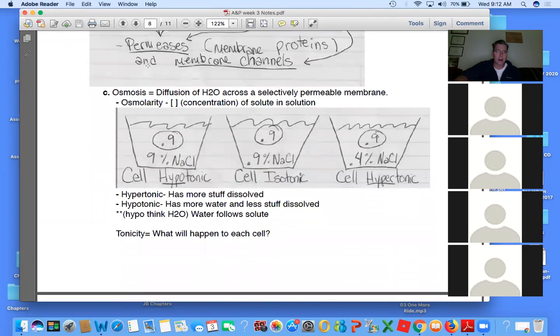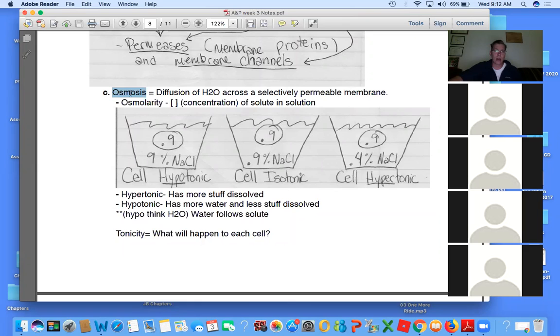The third type of diffusion, of passive transport, is diffusion of water across a selectively permeable membrane. That is known as osmosis. When it's just regular diffusion of any chemical, you call it diffusion. When you add water, when you talk about water, you just immediately say osmosis.